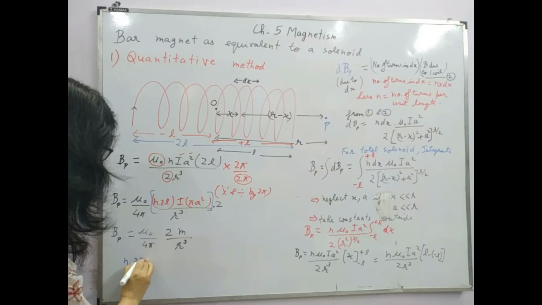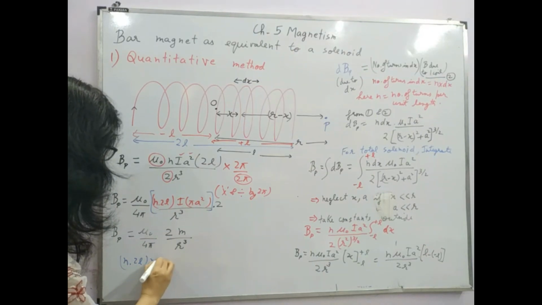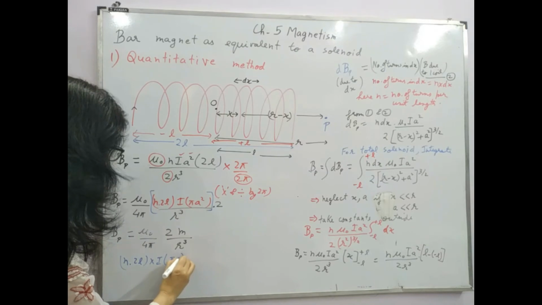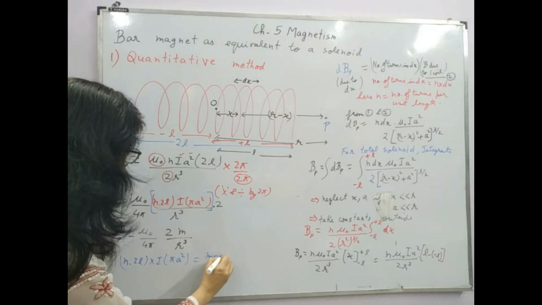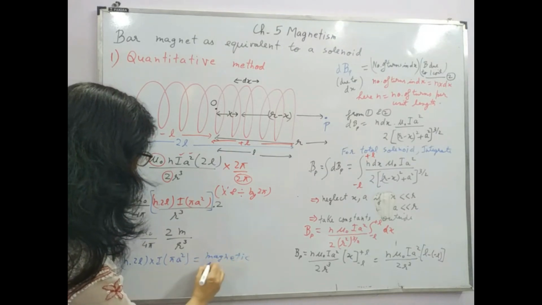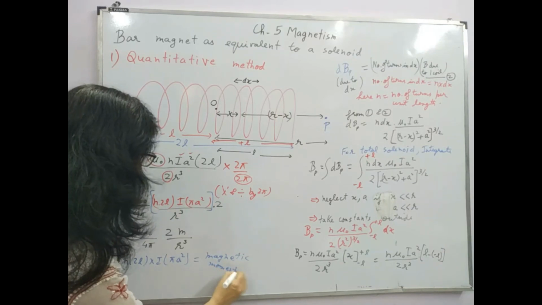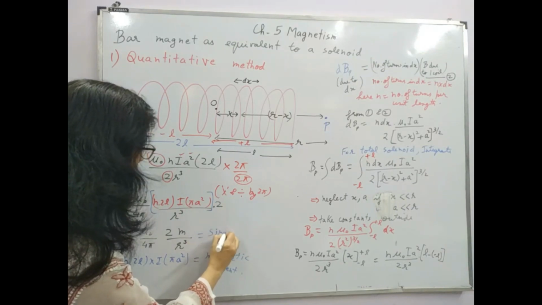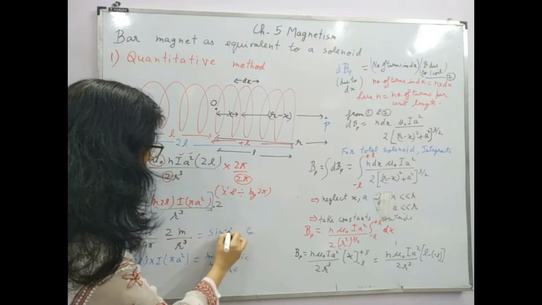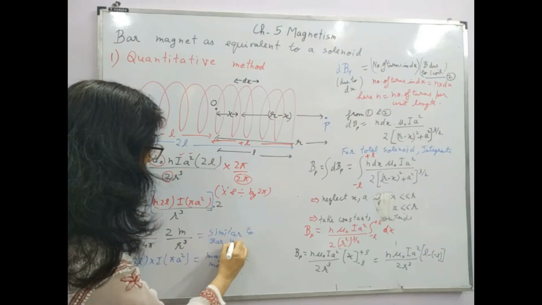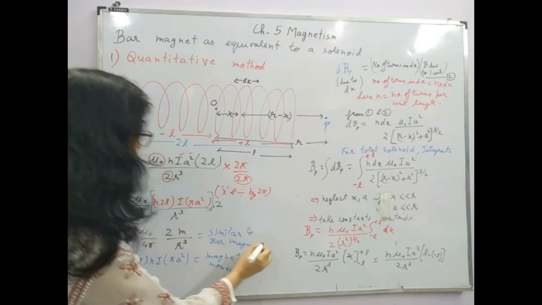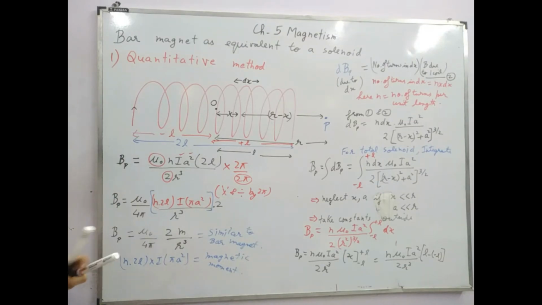So n into 2l, that is number of turns, into I into pi a square, this is equal to magnetic moment here. This formula is similar to bar magnet. So we can say that your solenoid is very much equivalent to a bar magnet.